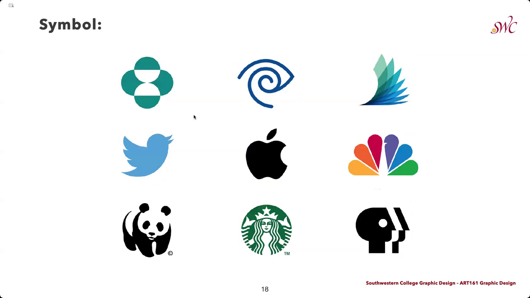We have the symbol mark, which is sometimes thought of as the most interesting within logos because they are sometimes kind of abstract, like we can see in the top left-hand corner here or the top right-hand corner. Other times they come up with creative solutions to integrate elements within the company. So in the top center here, we can see the logo for the Time Warner Company, which is a television company.